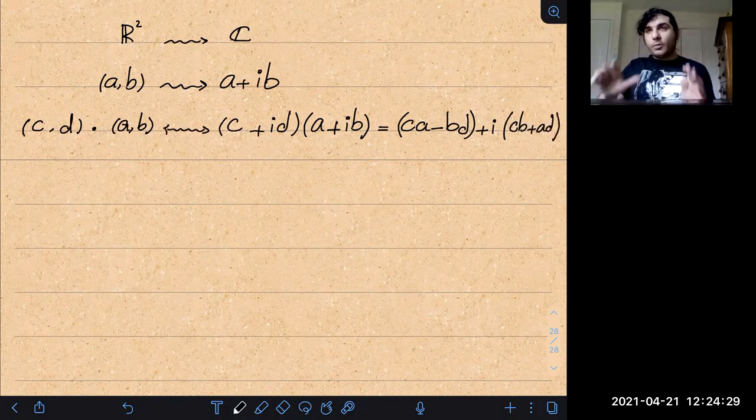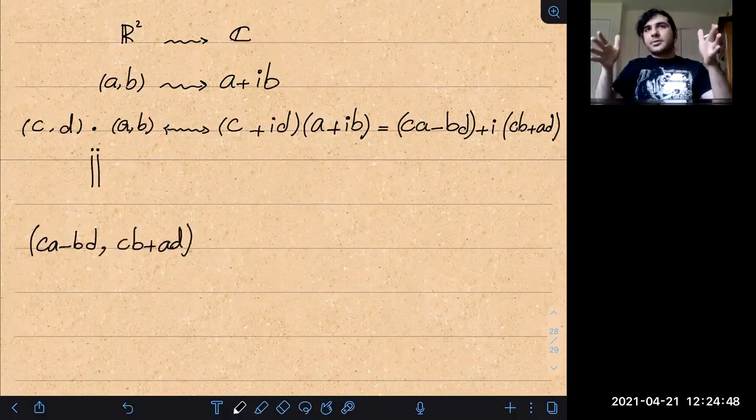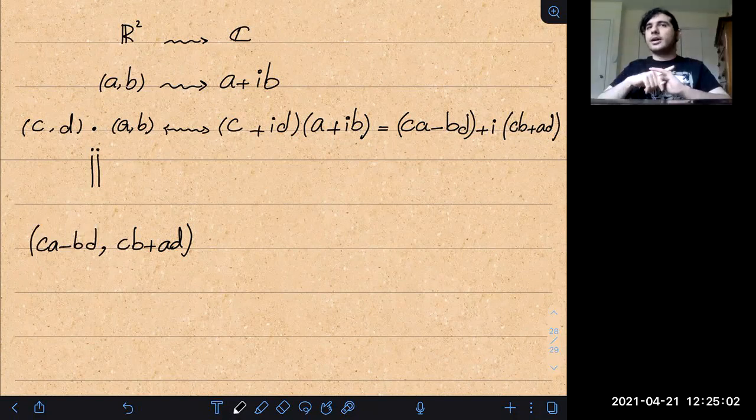So here, if I want to stay on R² but still have this product structure, I should define (c, d) times (a, b) to be (ca - bd) as the first component and (cb + ad). And if I take this product structure on R², then C and R² are identified not only up to having the same addition, but also having the same product structure.